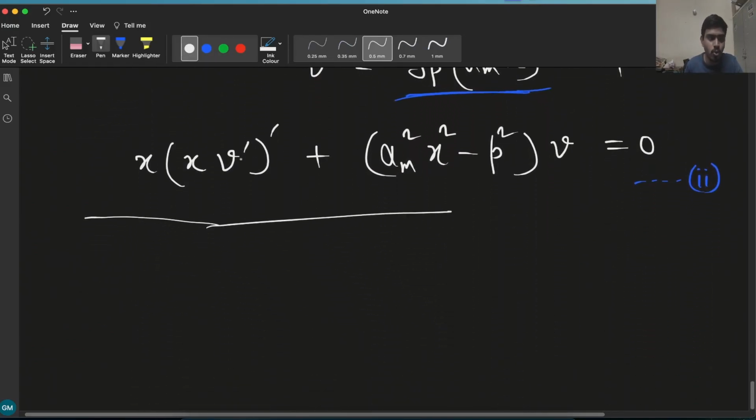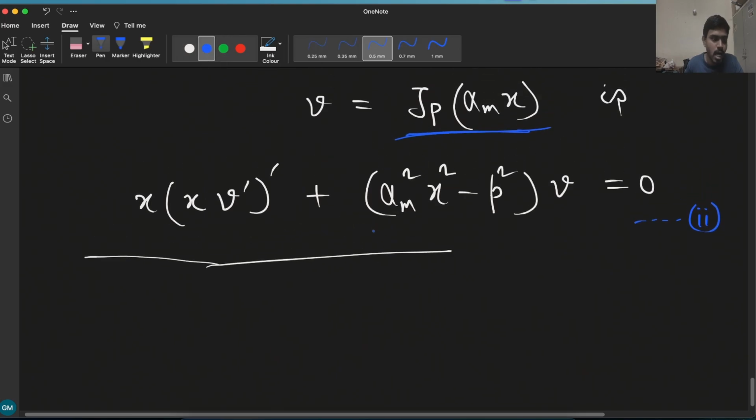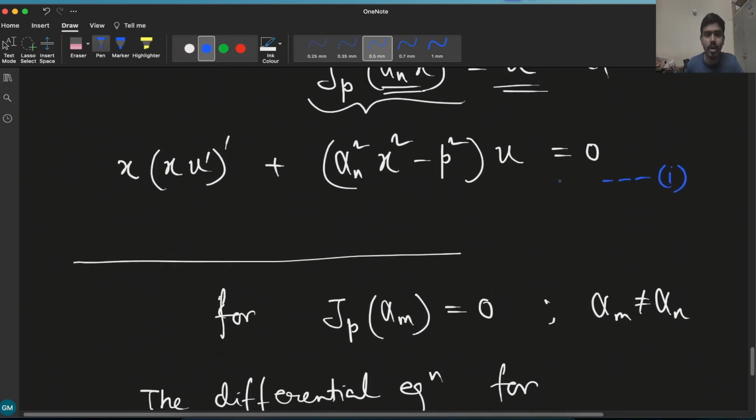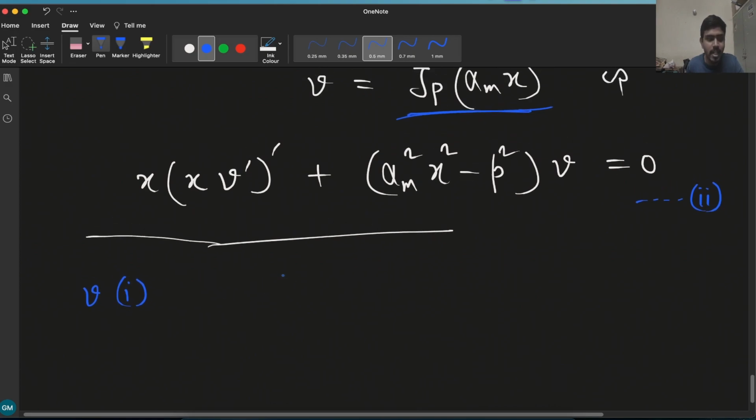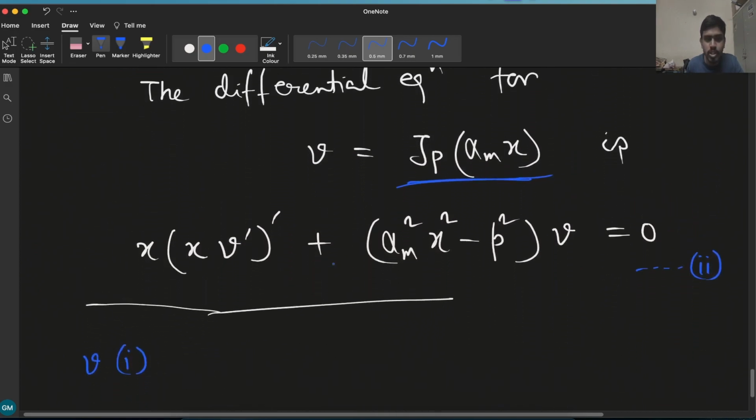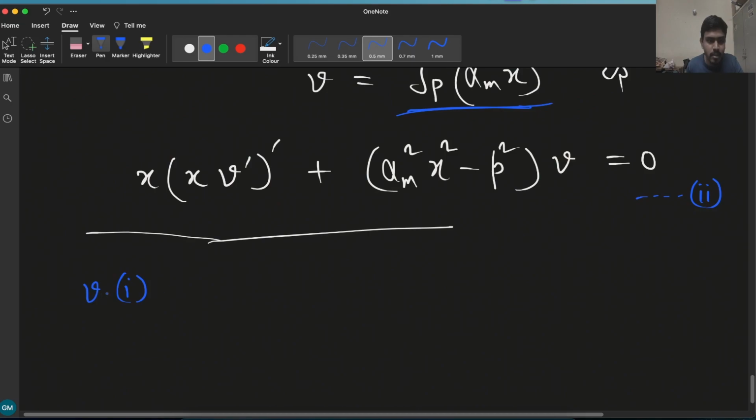And now what I will do is I will multiply this equation 1 by v, and then I will multiply this equation 2 by u, and subtract this from this.